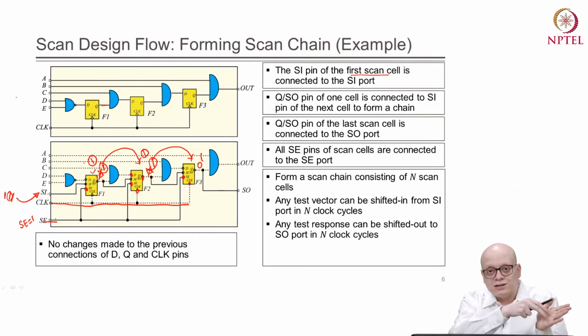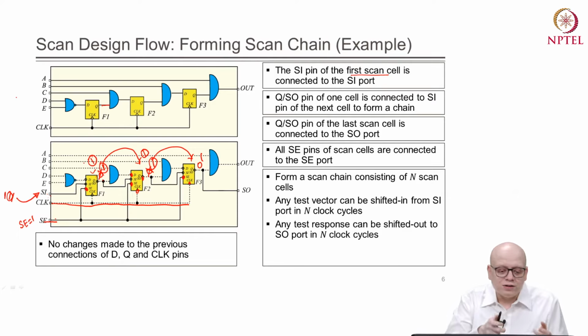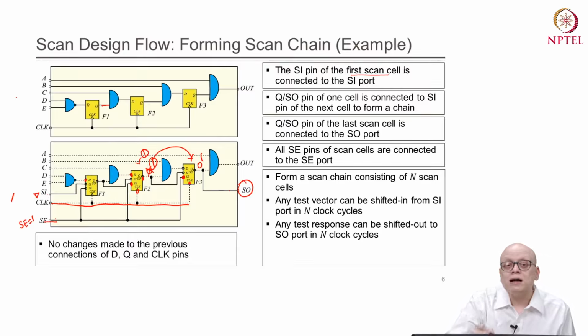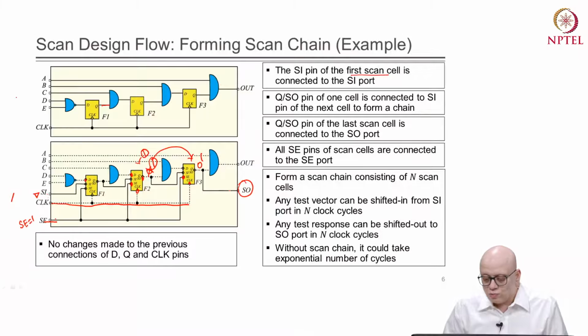As we have shifted the input pattern into our circuit, similarly whatever response is received at the D pin can be transferred to the SO port in a maximum of n clock cycles. Without a scan chain, it could have taken an exponential number of cycles.